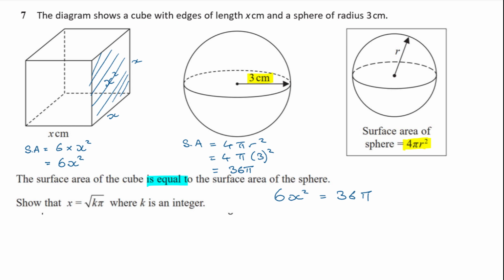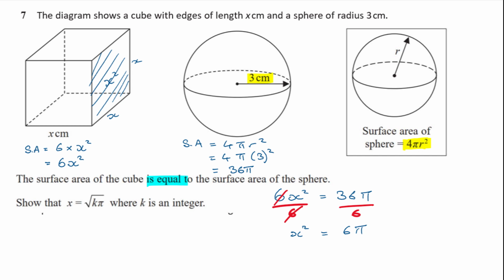Okay, so I'm guessing then I want to try and get x by itself. Let's try dividing both sides by 6. That's going to leave me with x squared on the left, and 6 goes into 36 6 times. So that's going to leave me with 6 pi.